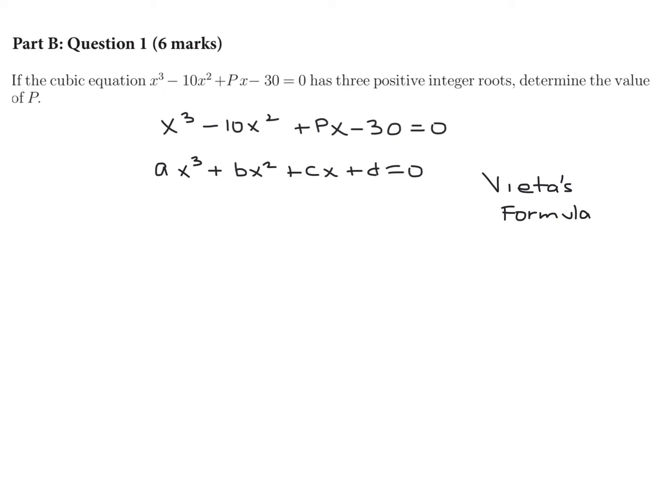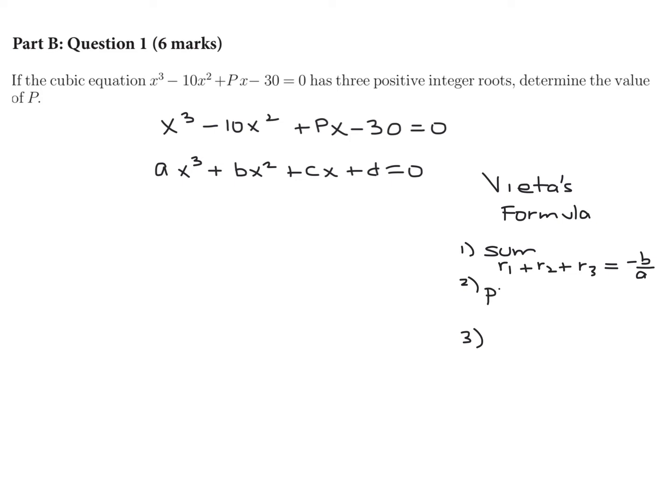There's three formulas actually. The sum of the roots, let's just call the roots R1, R2, and R3, is equivalent to minus b over a, where b and a are the coefficients.